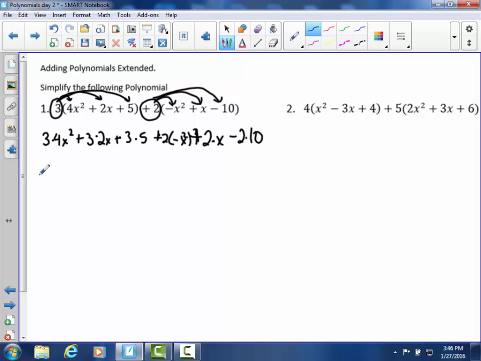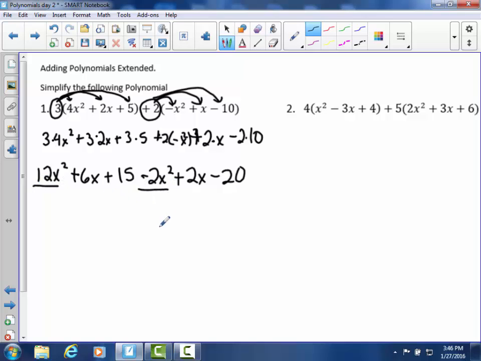Alright, so we put that together and we have 12x squared plus 6x plus 15 minus 2x squared plus 2x minus 20.